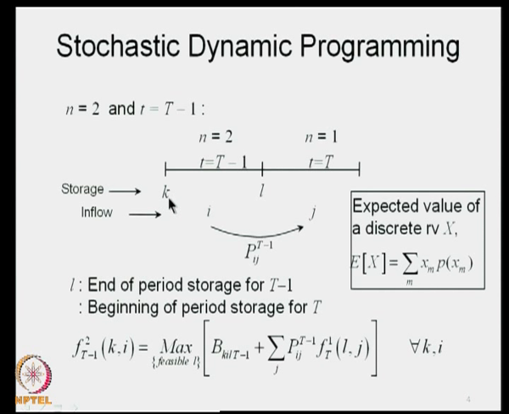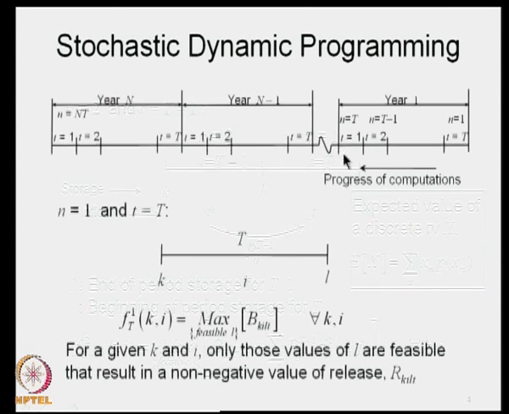Starting with a given K and for a given I, the continuity equation will determine the release, because we are making a search for a given L. So, the storage transformation from K to L is known. What do we need for getting the expected value for the time period T, capital T, which is the stage number 1?